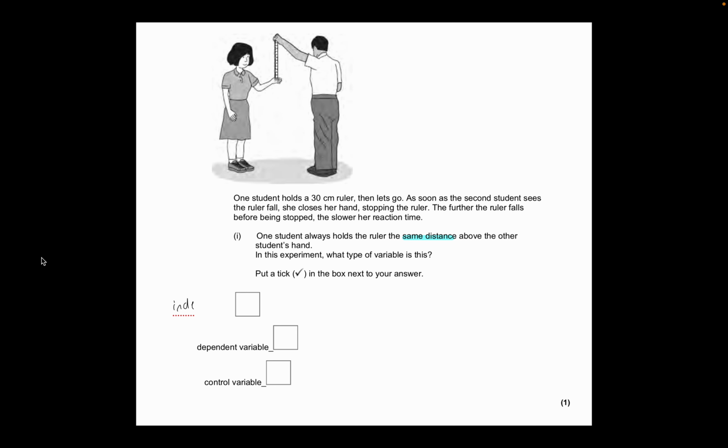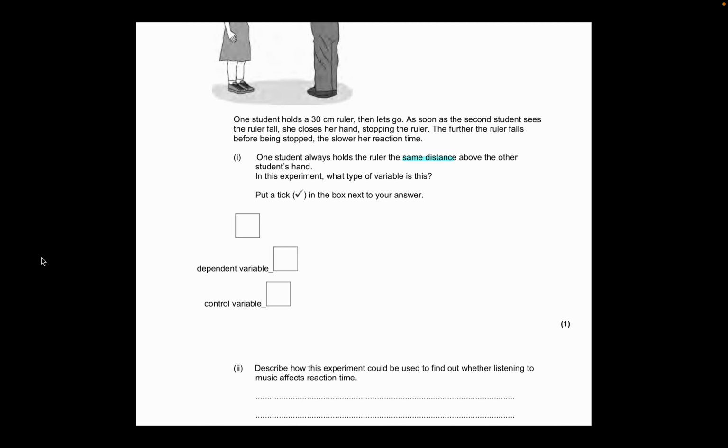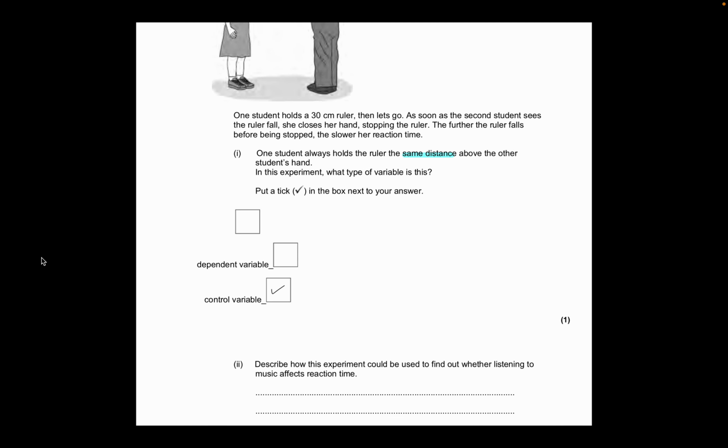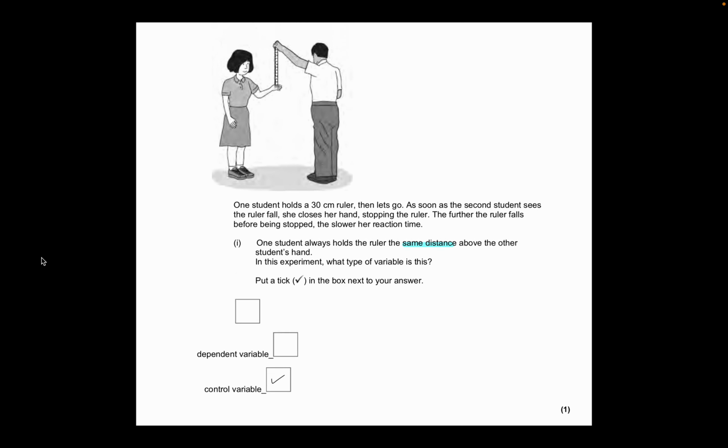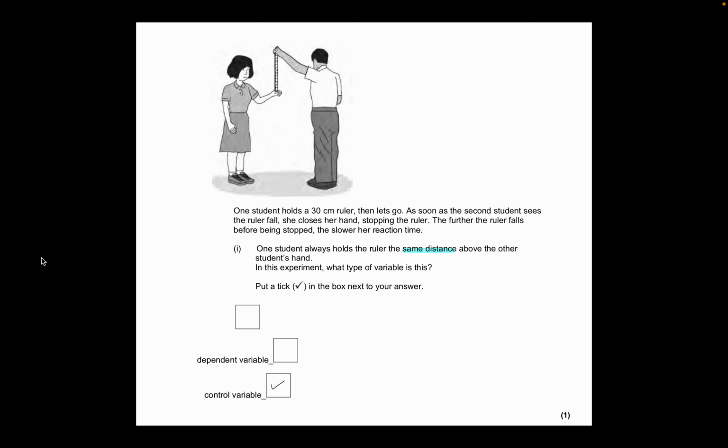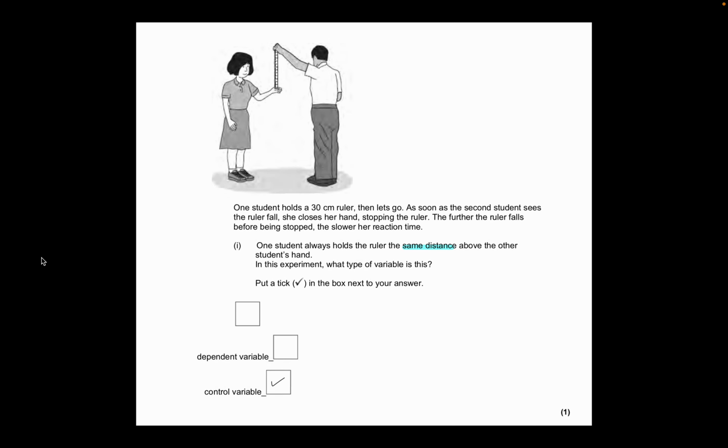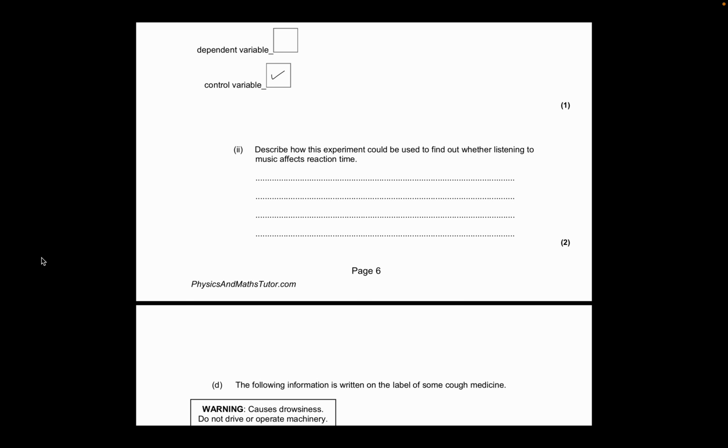I'm not sure why it's not filled in this case, so just ignore that. In this case, it's going to be the control variable. You're going to put a tick on that, because a control variable is a variable where you keep something the same throughout the full investigation or experiment. So that's why it's the control variable for 1 mark. Let's move on to the next question.